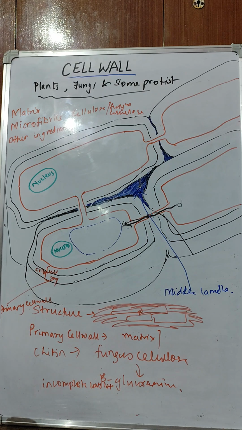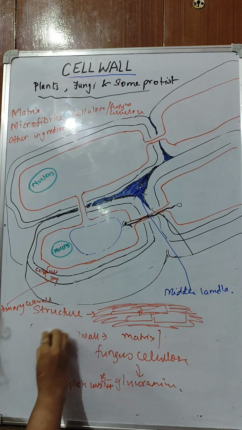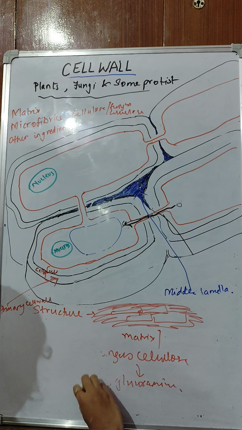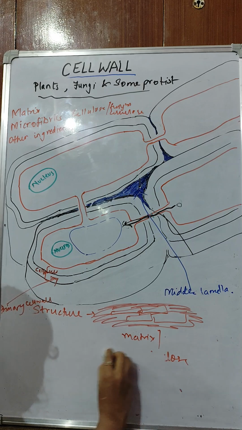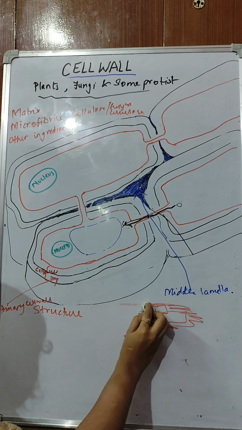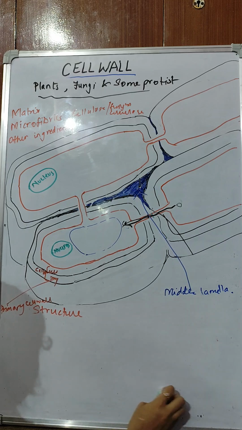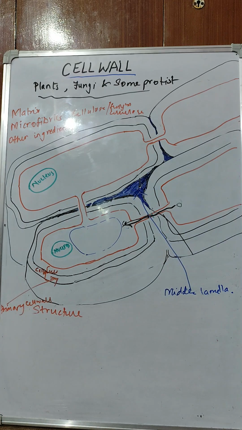They are produced in some mature cells. Not all cells contain a secondary cell wall; only some mature cells do. They are present inner to the primary cell wall, and they are generally formed of cellulose and hemicellulose.